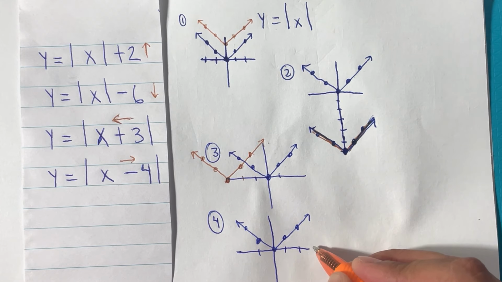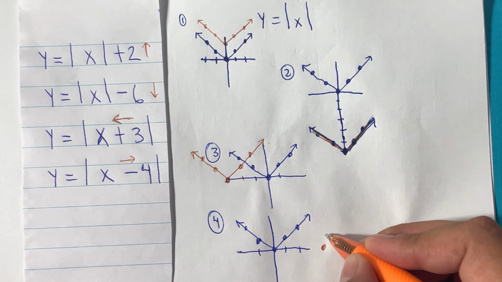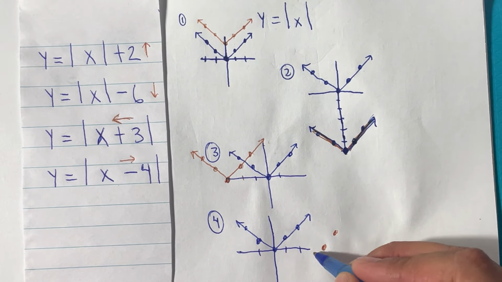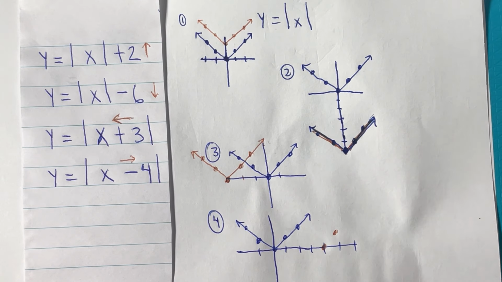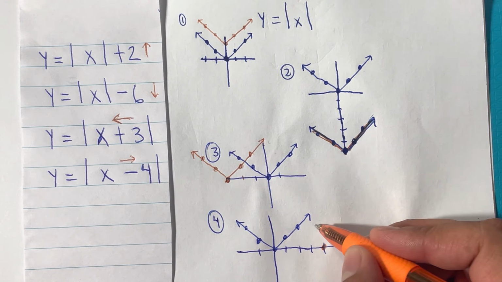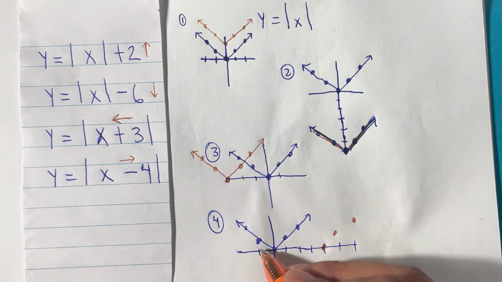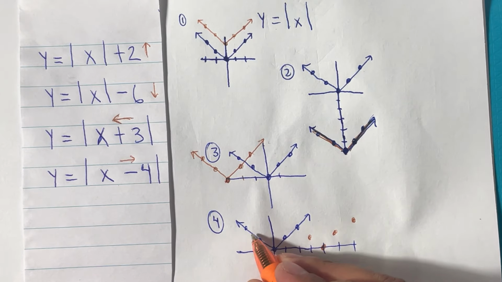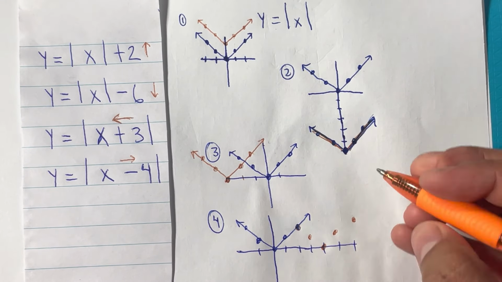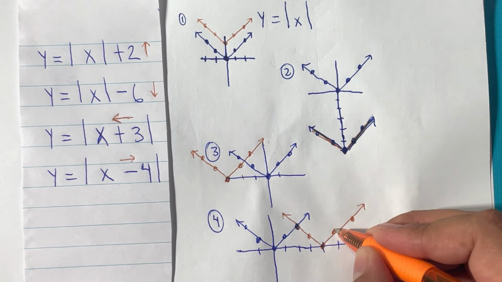So 1, 2, 3, 4. I think it's going to be easier if I mark these ones. So 1, 2, 3, 4 right here. And then for this one, 1, 2, 3, 4. And same here, which is around there. And that's my new graph.